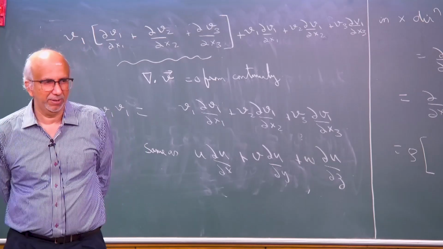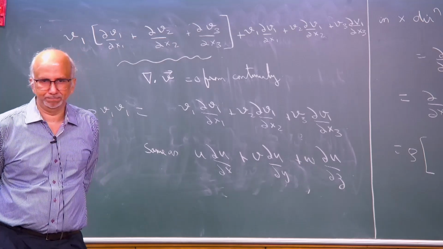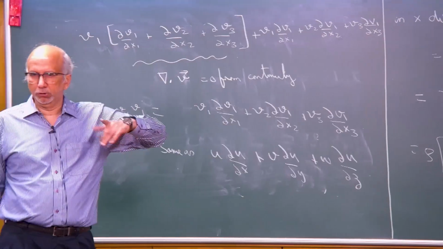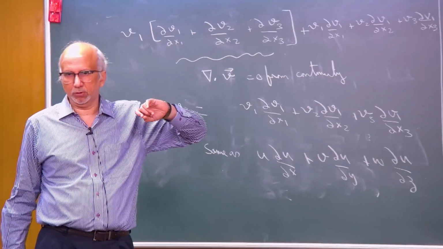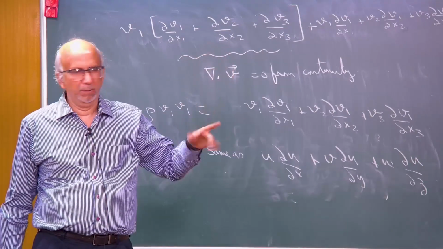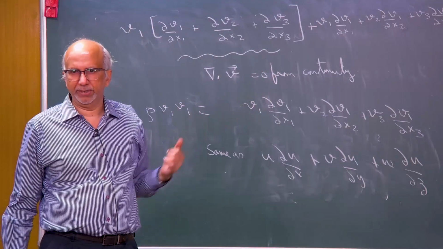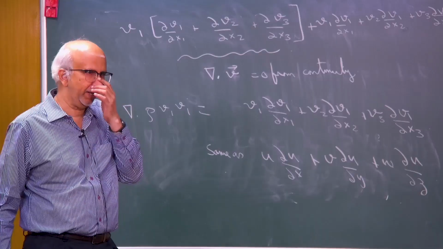It is just a different notation. I have done it for the x component; you have to similarly do it for the y and z components. Put j equal to 2, j equal to 3, and you will get it.